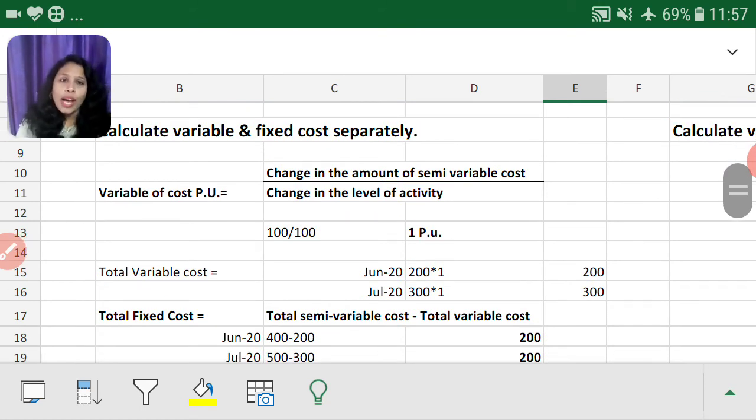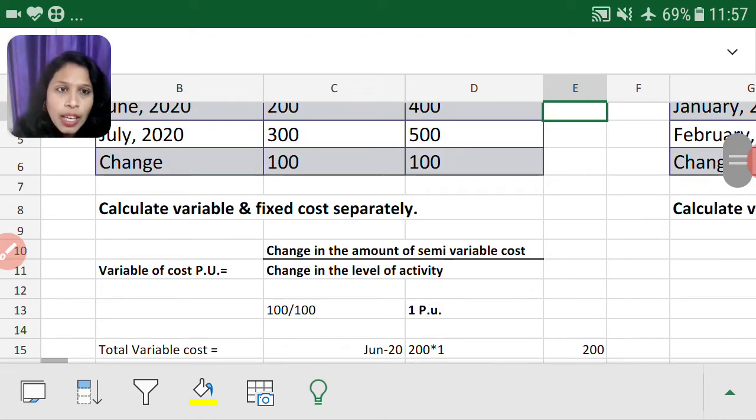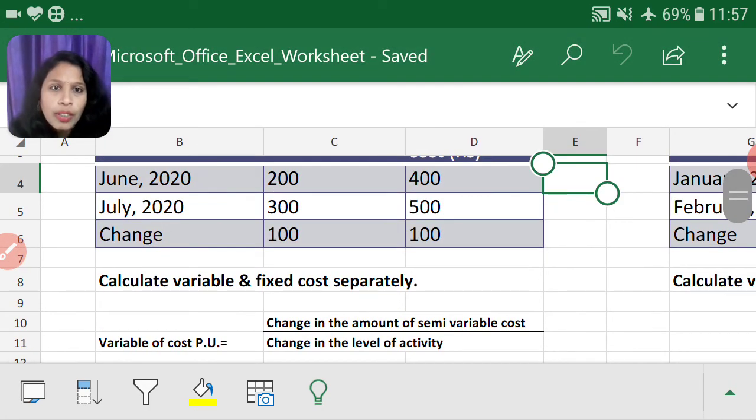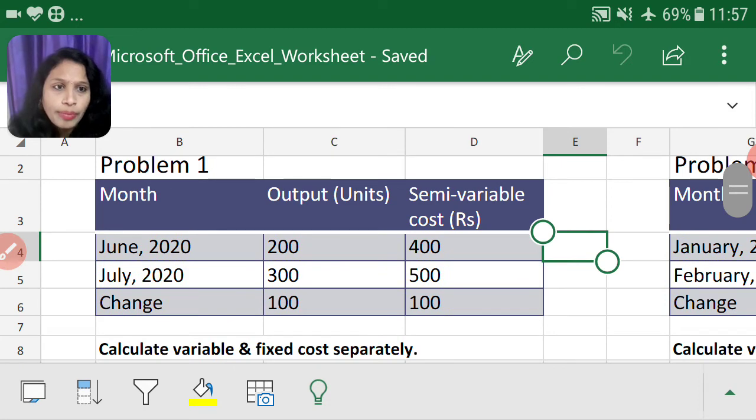So we have to first replace the formula here. The variable cost per unit formula we already discussed: change in the amount of semi-variable cost upon change in the level of activity. Change in the amount of semi-variable cost, it means in the month of June 200 and in the month of July 300.